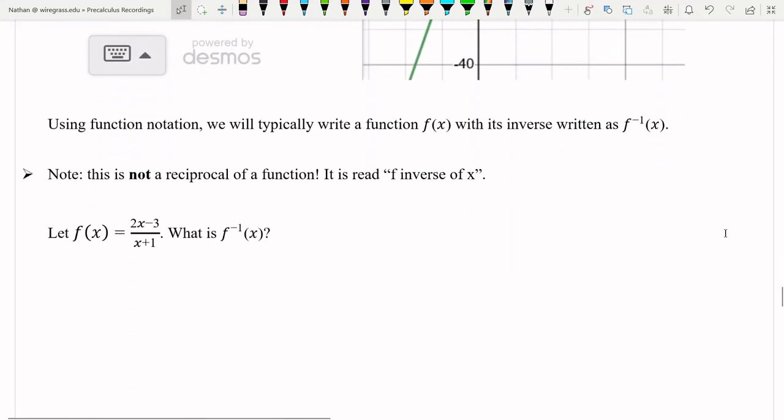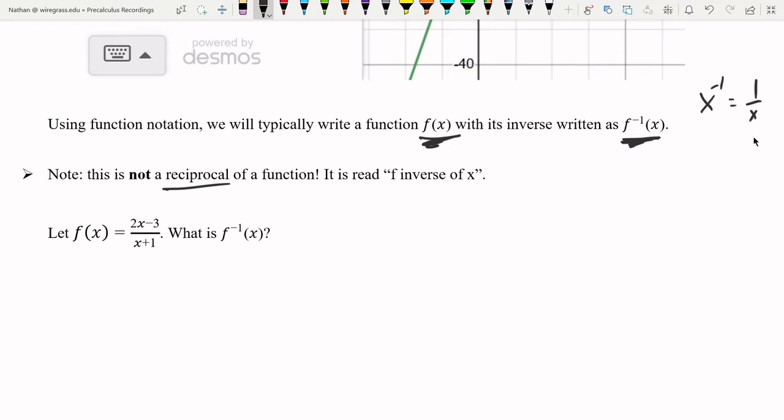Okay, now using function notation, we like to write inverses as whatever the function name is, in this case f of x. Then you would write it as f inverse of x. This is not the reciprocal function. So normally when you see x to the minus 1, you'd think 1 over x. That's the case for when you're working with variables. But f is not a variable. f is the name of a function.